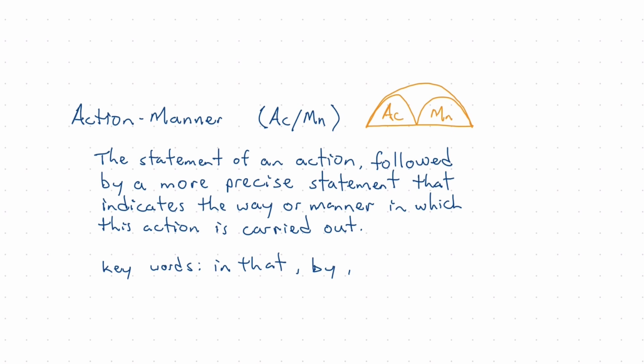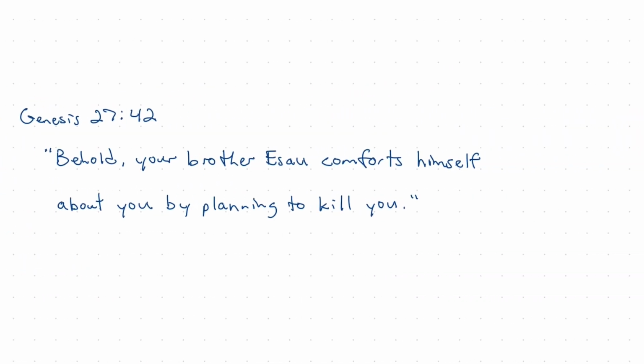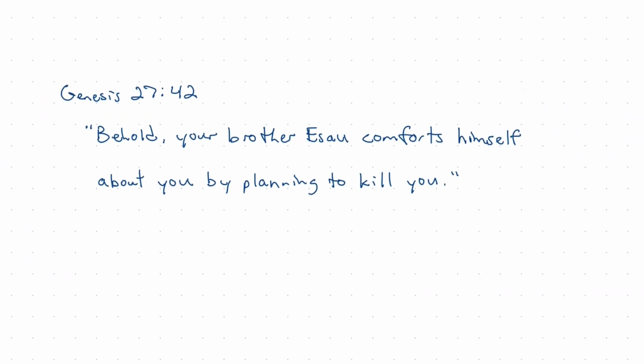Let me give you an example of action and manner from the text of Scripture. Genesis 27:42 says this: "Behold, your brother Esau comforts himself about you by planning to kill you." So we have an action and we have a manner in which that action is intended to be carried out.